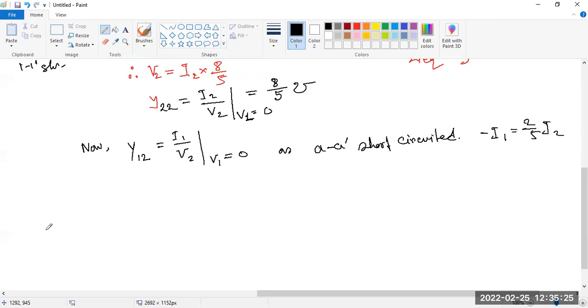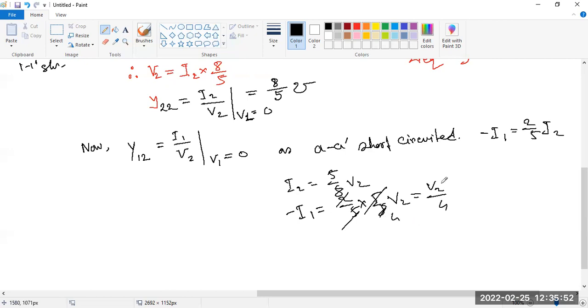Okay, so we can write it, I2 is 5 by 8 V2, and minus I1 equal to 2 by 5, and this 5 by 8 V2 is V2 by ultimately 4, because 5 cut out, this is 2 by 4. So this is the V2 by 4.